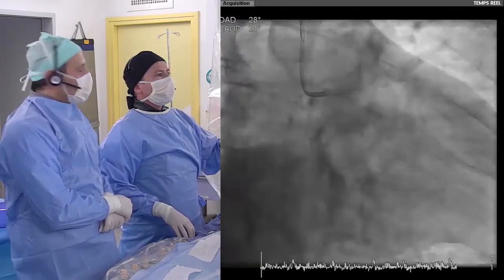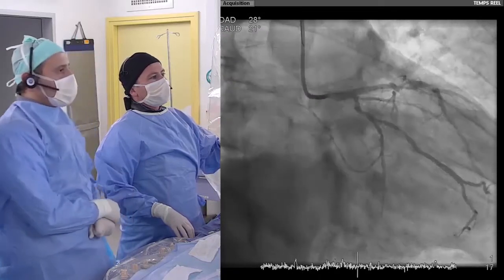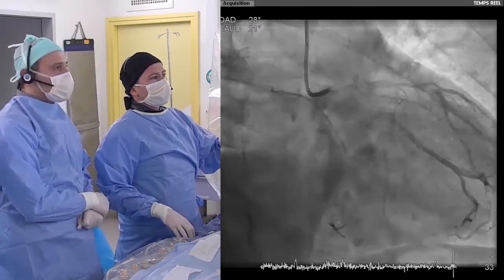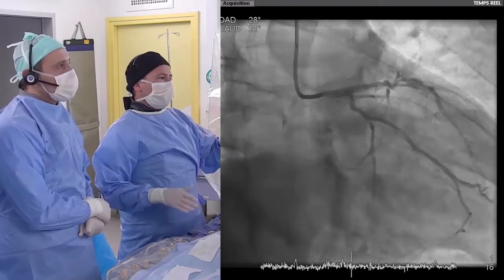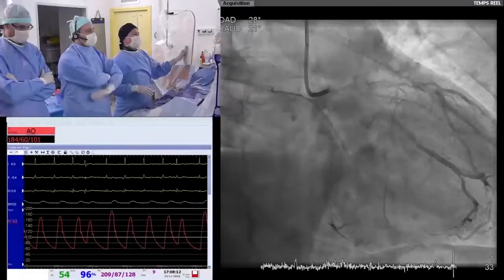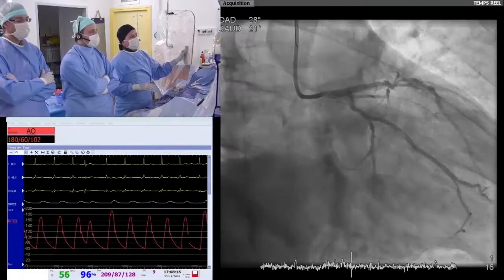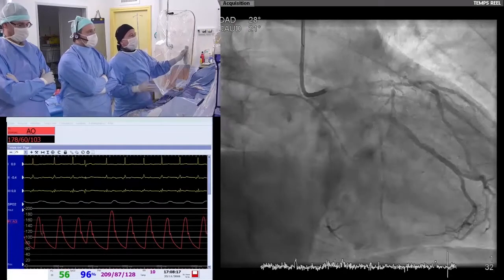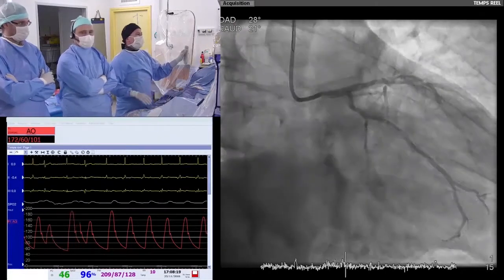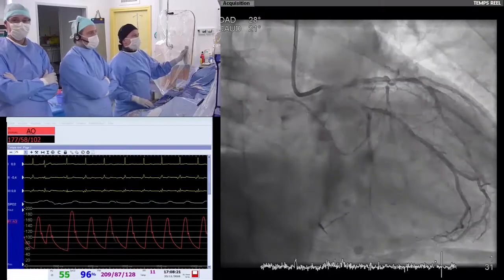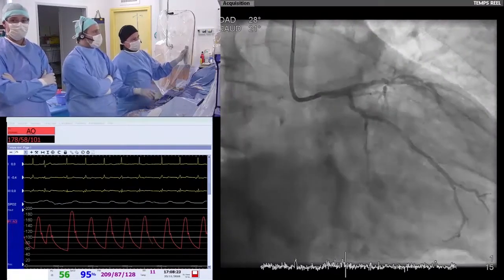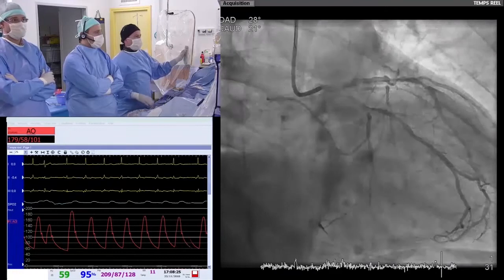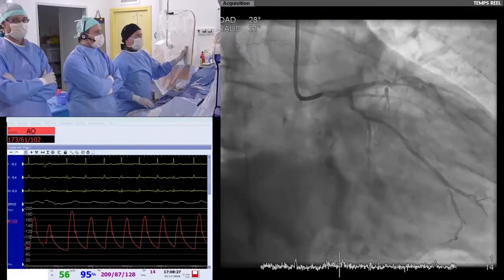Yeah. Perhaps you can just inform on what we have done so far. First, the pressure was quite dampened when we started, so we placed a wire close to the inside of the guiding catheter to be able to treat any dissection due to the stress of this intervention in daily practice, but also doing a live view.